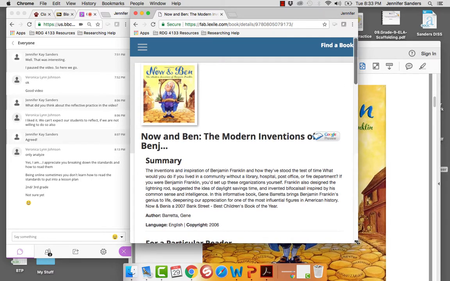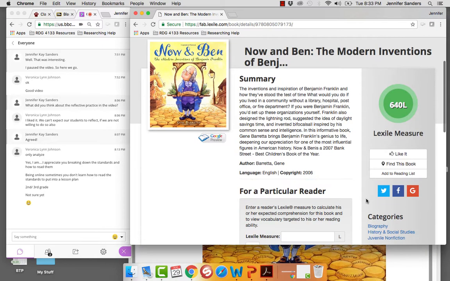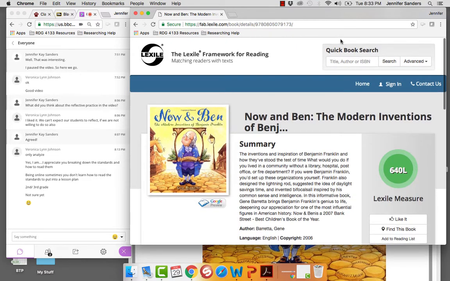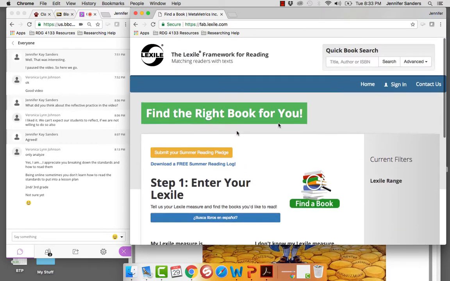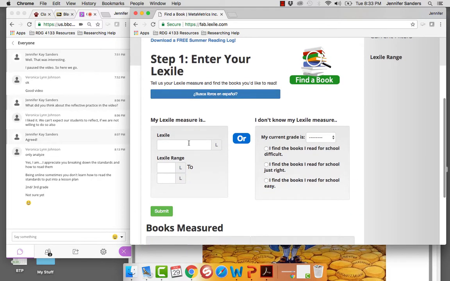And I know by looking at a 640 Lexile level, let's see, does it give me more information? No, I'm going to have to go back. So if you go home, you can look at the Lexile level conversion charts, if I can actually find it today. If not, I'll print it off for you. Oh, let's do current grade levels. Third grade. Well, we're doing second grade.